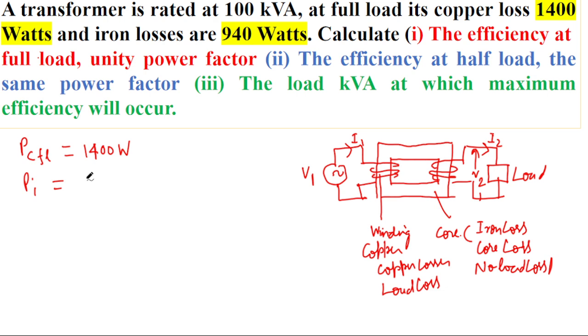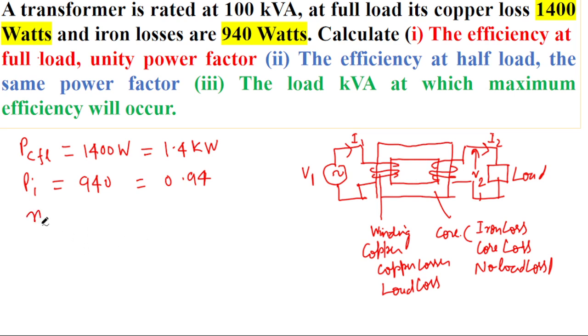It is equal to 940 watts. Because the transformer is rated at 100 kVA, let me change all these units to kilo. Pc at full load into kilowatts becomes 1.4 kilowatts, and similarly Pi becomes 0.94 kilowatts.